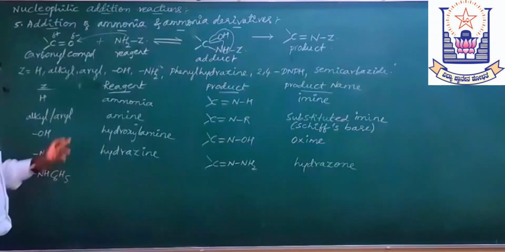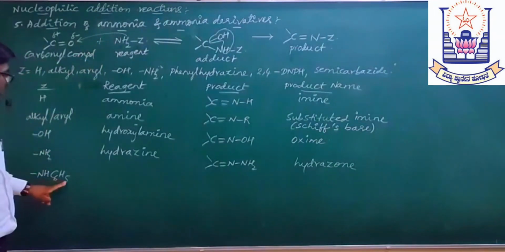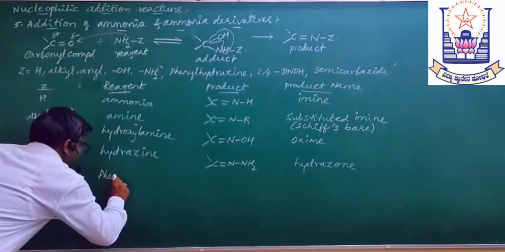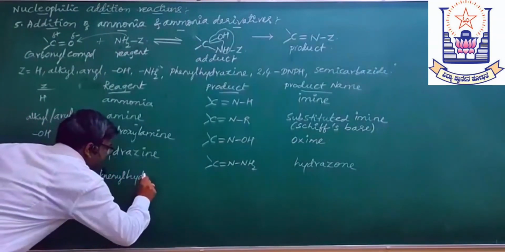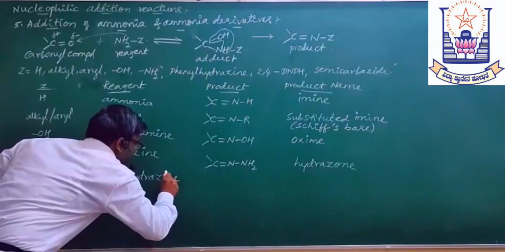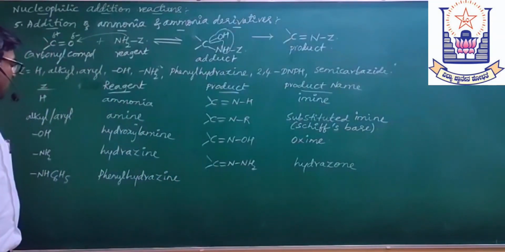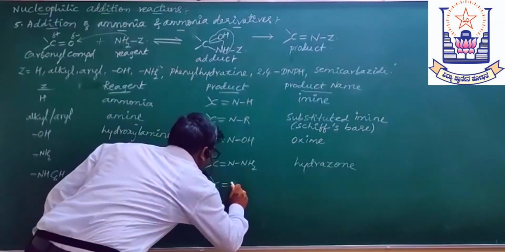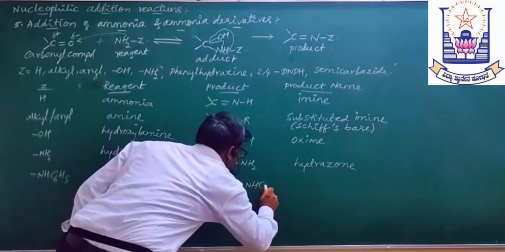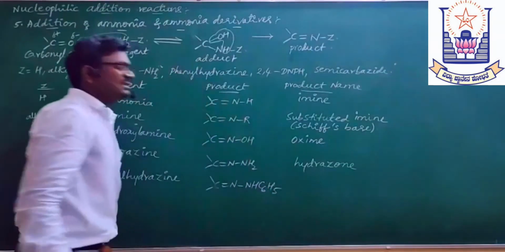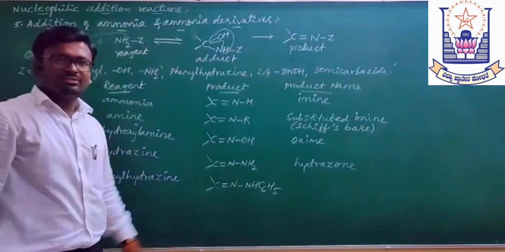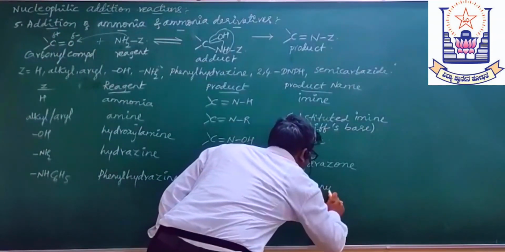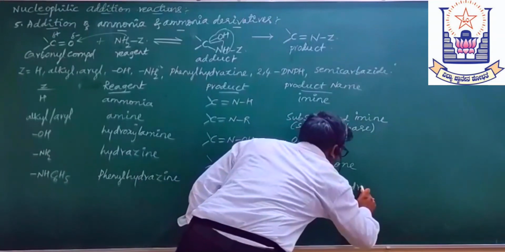NH2NHC6H5 is called phenylhydrazine. Now, what will be the product? C double bond N NHC6H5. This class of compound is called phenylhydrazone.